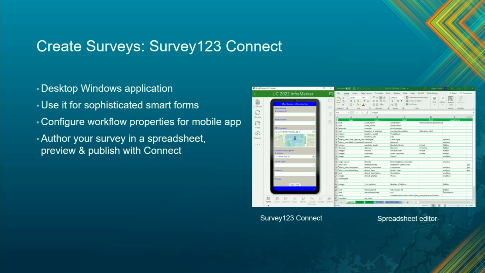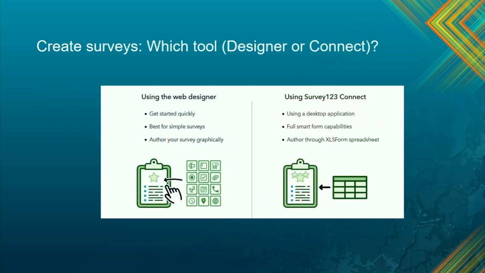You can configure all these different properties that will then show up on the mobile app or on the web, and you author them in a spreadsheet and then preview them in the Survey123 Connect app. So you author them in this XLSForm standard, preview them in Connect, and then publish that. So those are the 2 different ways to create surveys, the web designer or Survey123 Connect.